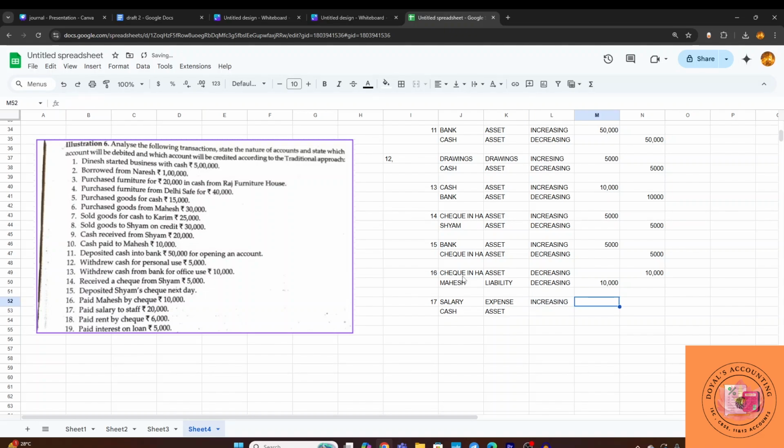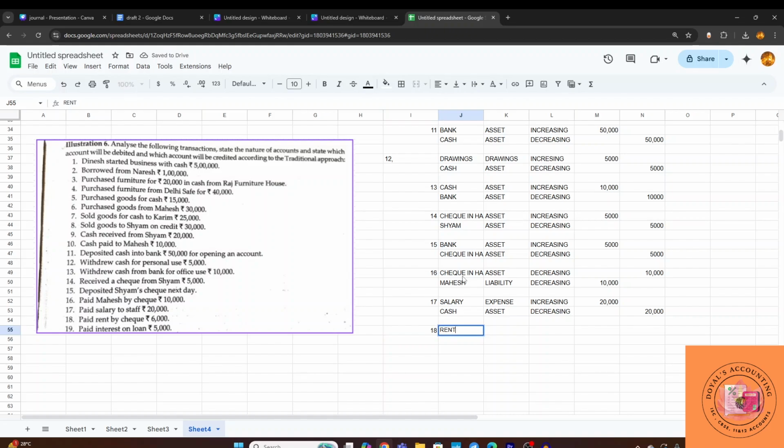So all debit balances, when they increase, will be put on the debit side. Our asset is decreasing, cash is decreasing since we are paying out cash to pay the salaries. So whenever an asset decreases, we will show it on the credit side. The journal entry would be salary account debit to cash account.